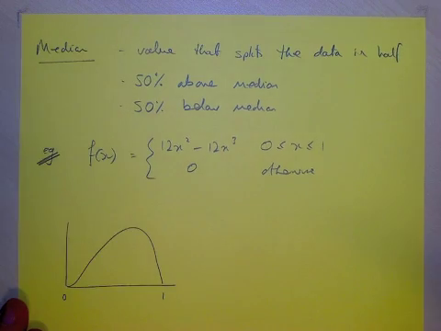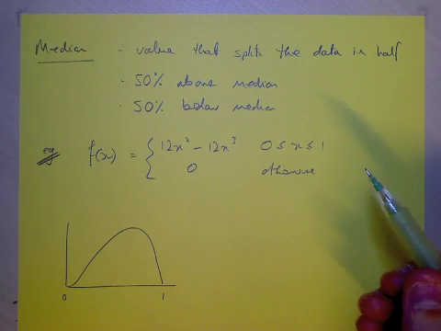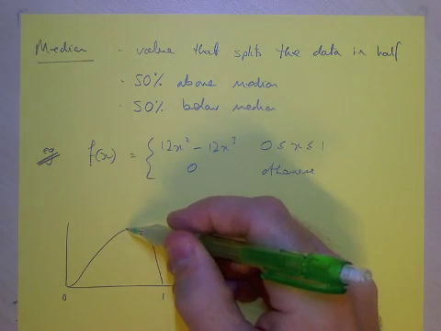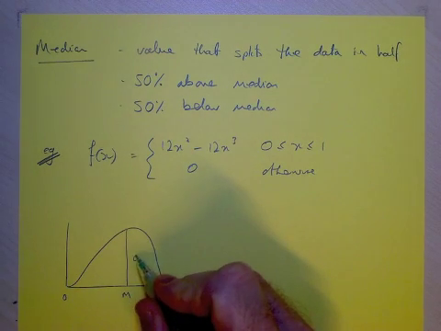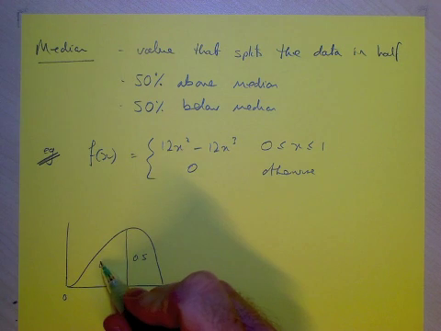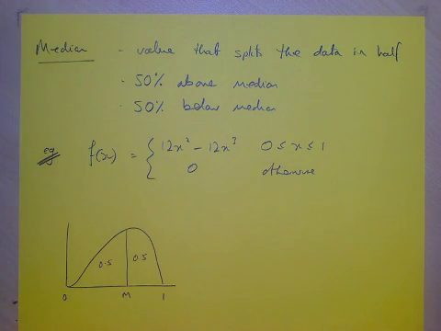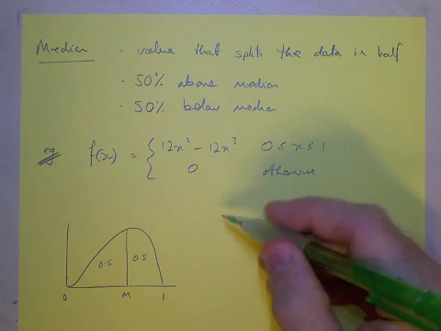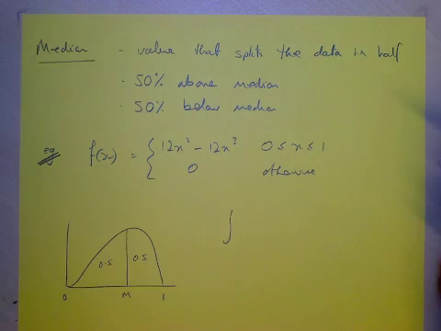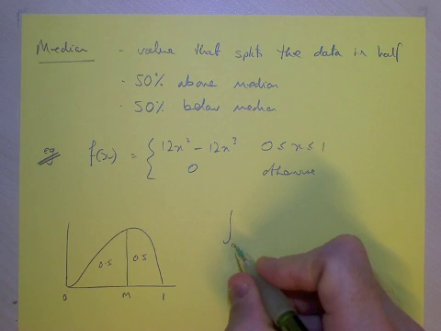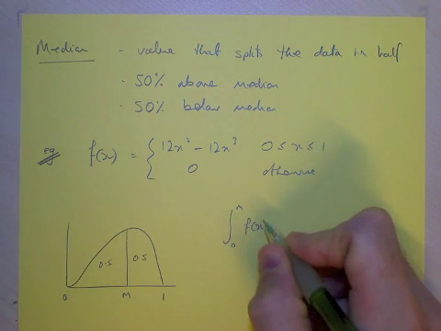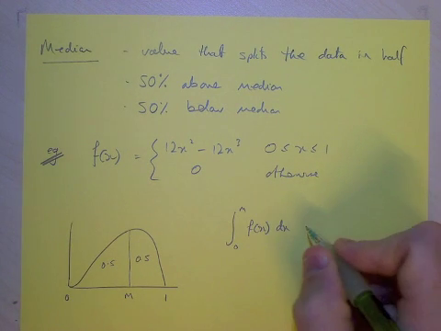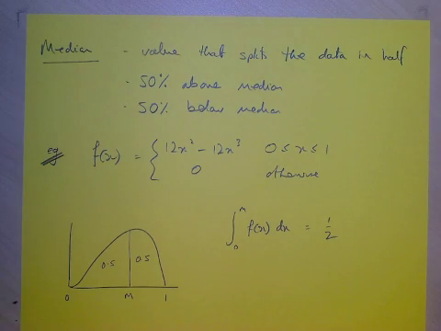So let's think about what property we're going to exploit. I know that the median is going to be the value such that half of the area is above and half of the area is below. So I can quite easily then set up the integral statement that says from 0 to m, the integral of f of x with respect to x will equal 1/2.